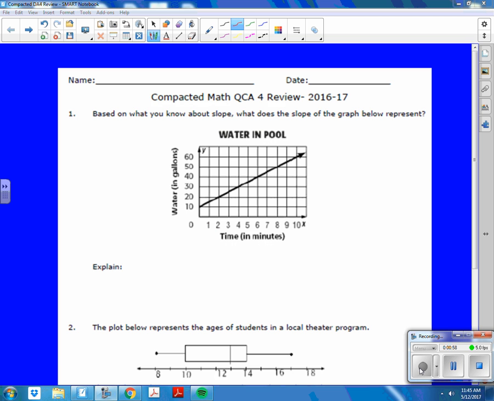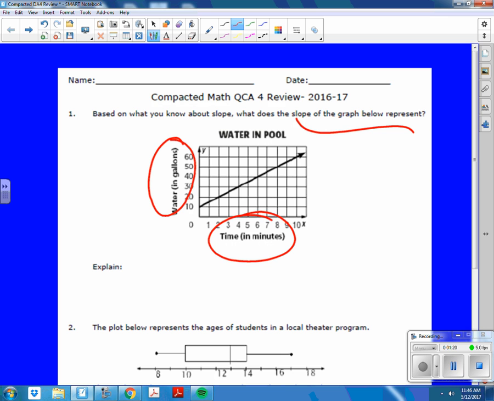Alrighty. So based on what you know about slope, what does the slope of the graph below represent? Well, when we think about slope as rise over run, or change in y over change in x, then basically we're saying that the water level is changing in certain amounts of time.